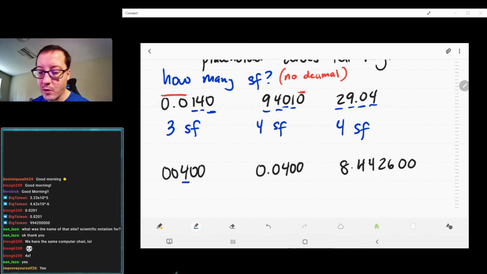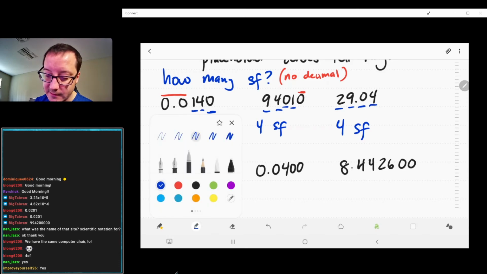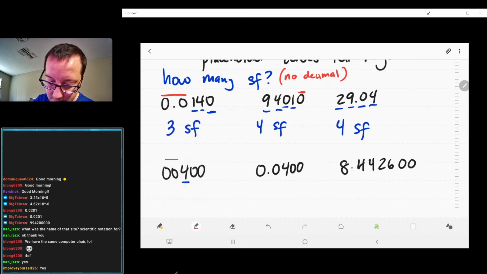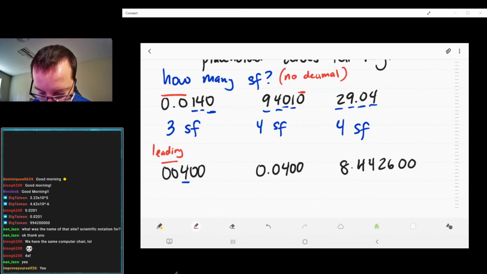Looks like we have a 4. Do we have leading zeros in this case? We do. Remember, leading zeros do not ever count for us, so we're not going to worry about those. Do we have trailing zeros? Or, sorry, do we have zeros in between? We do not. And we're going to see we have trailing ones as well.